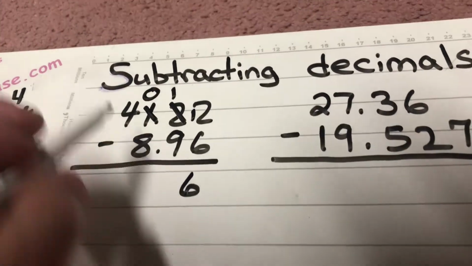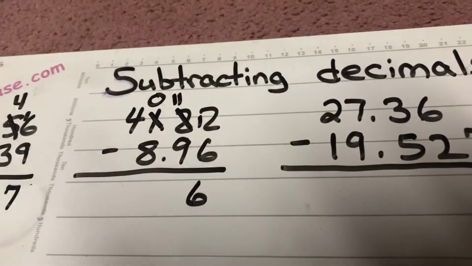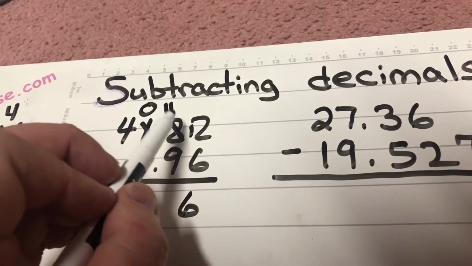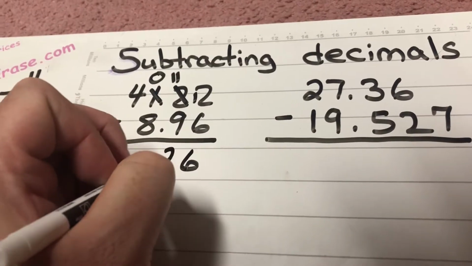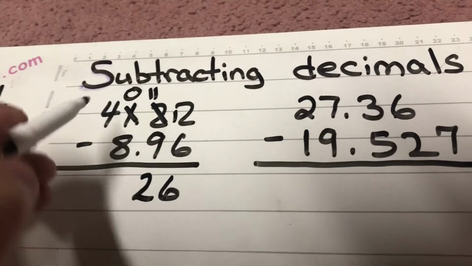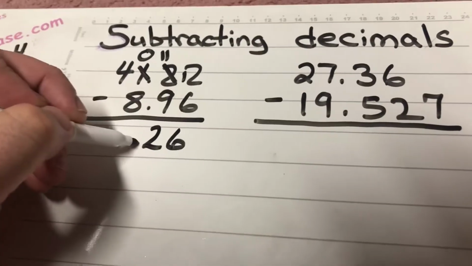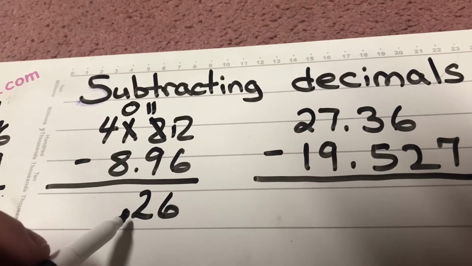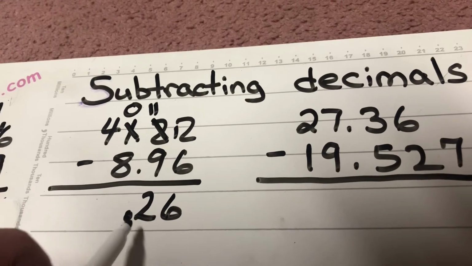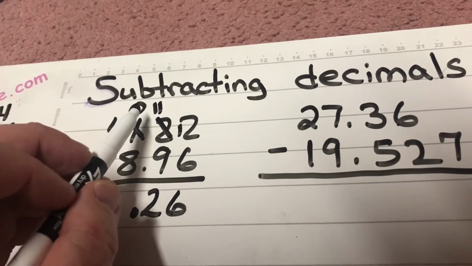I'm going to make that a 0, and I'm going to make that 1 an 11. Then I'm going to have 11 minus 9, well, 11 minus 9 is 2. Then I'm going to drop my decimal straight down. All right, once again, we don't want to forget to do that, because if that decimal's not there, that is incorrect. Then I'm left with 0 minus 8.